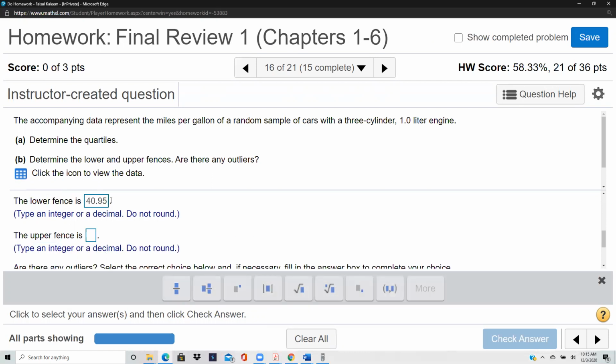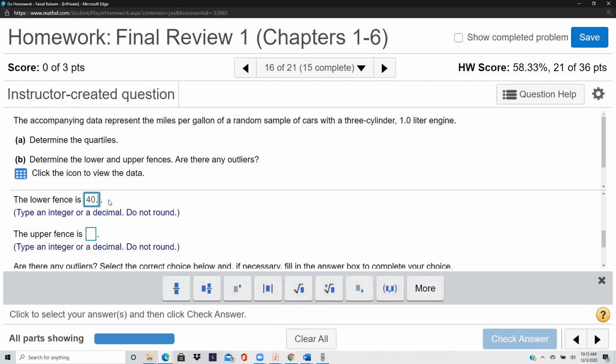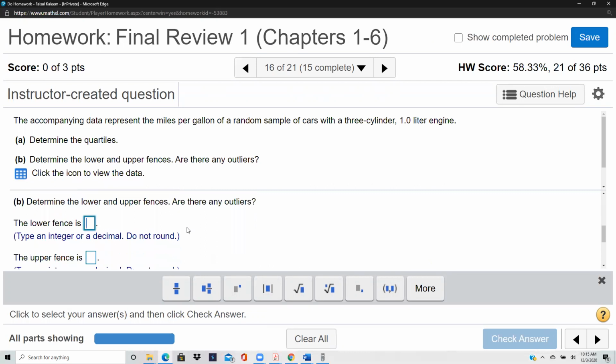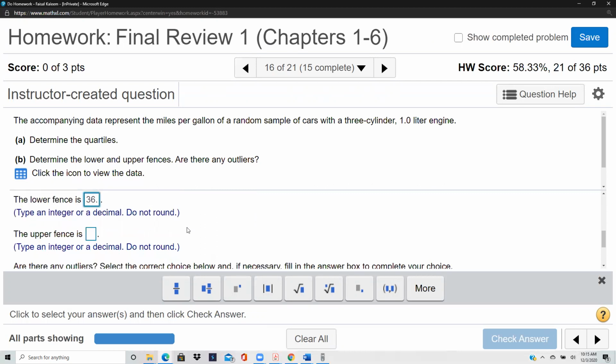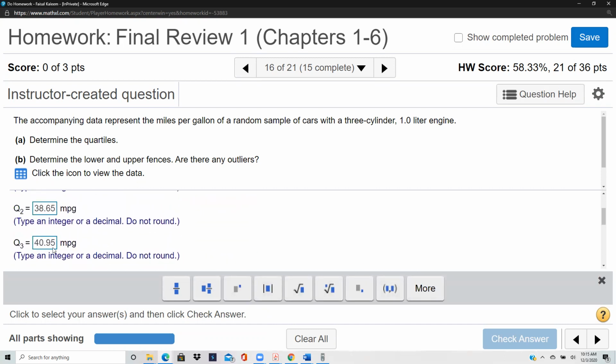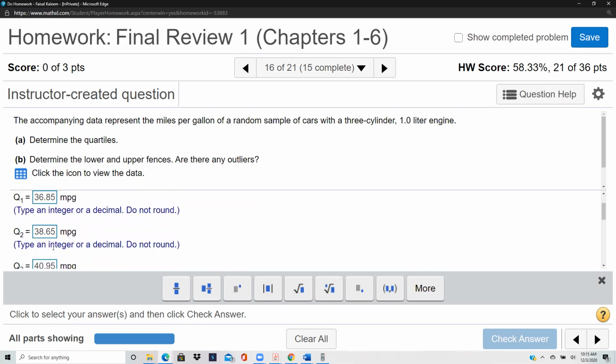So 36.85 minus 1.5 times IQR. So Q3 minus Q1 will be 40.95 minus 36.85.